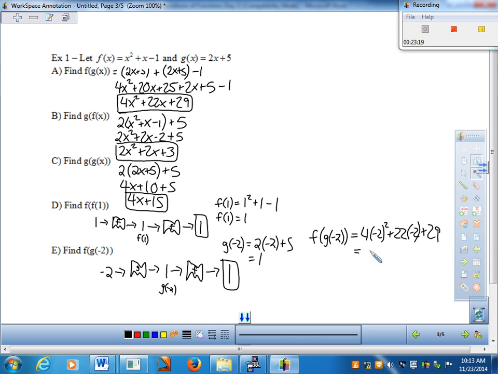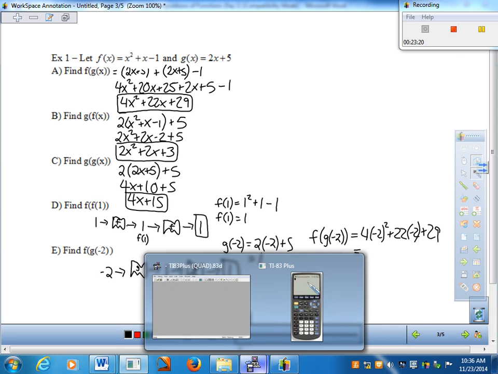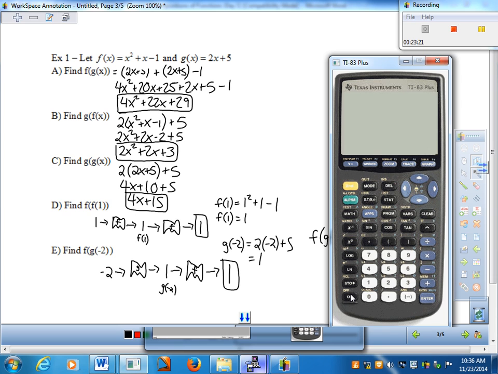I'm hoping that we get +1 on this, and we should certainly. Let's see if that does unfold. So, as I said, F composed of G of -2 would be 4 times -2 squared. Got that. Plus 22 times -2. And then add the 29. And let's see what we get. And there it is, of course.